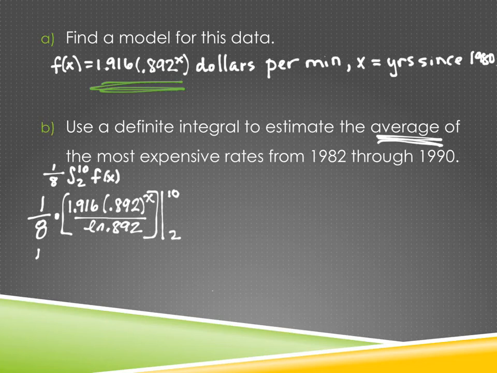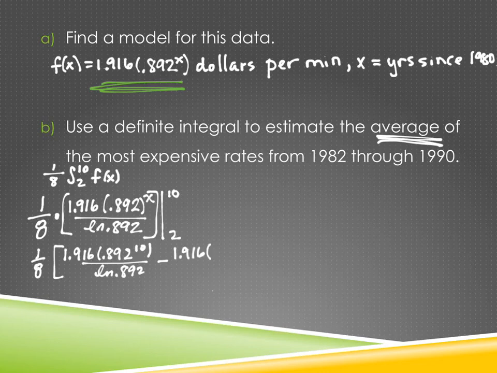So we're going to have the 1 over 8. And we're going to evaluate this function at 10. So 1.916 times 0.892 to the 10 divided by the natural log of 0.892 minus 1.916 times 0.892 to the 2 divided by the natural log of 0.892.